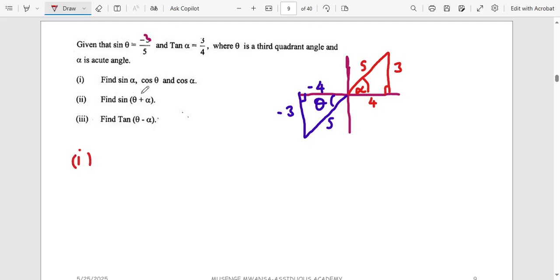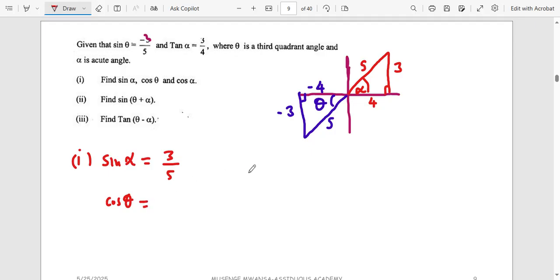Now, after you have done that, you can answer the questions. We want to find sin alpha, cos alpha, sin alpha. Let's start with sin alpha. Now remember, the angle alpha is the one in the first quadrant. Sin is opposite over hypotenuse. Opposite is a 3, hypotenuse is a 5. Okay. The next one we want to find is cos theta.